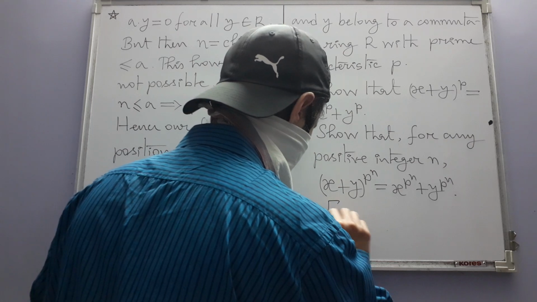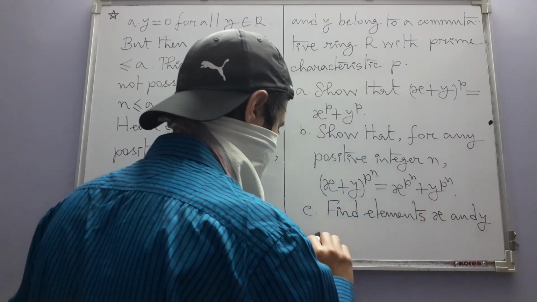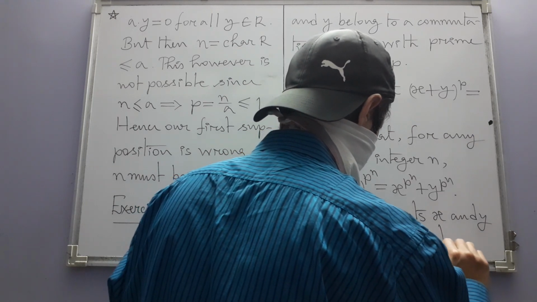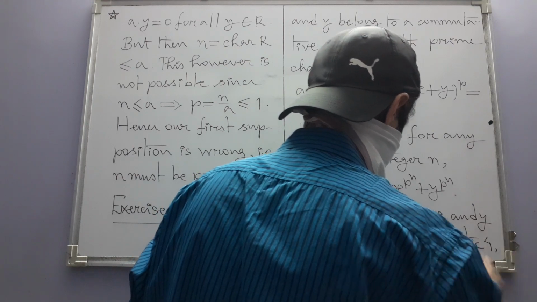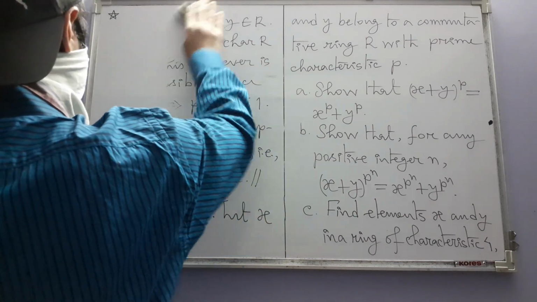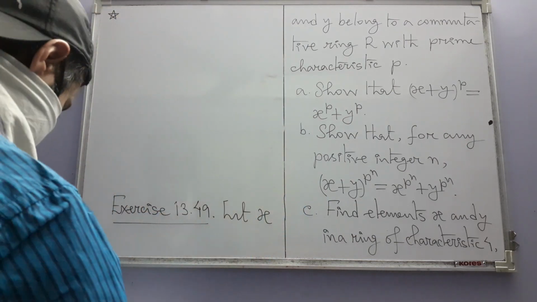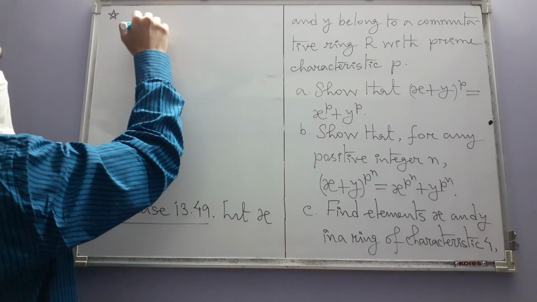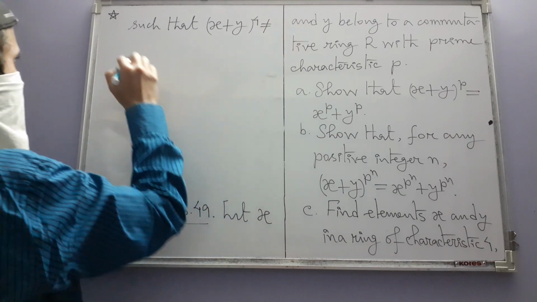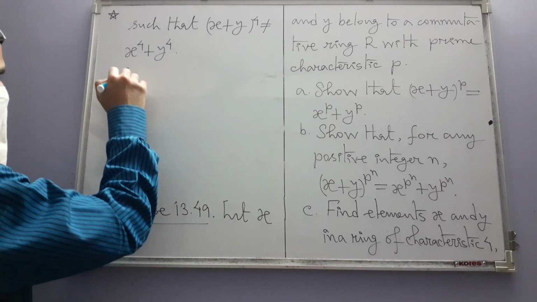Find elements X and Y in a ring of characteristic 4, which of course is not a prime or is a composite integer, such that this is not equal to the fourth power of x plus the fourth power of y. So let's see the solution.